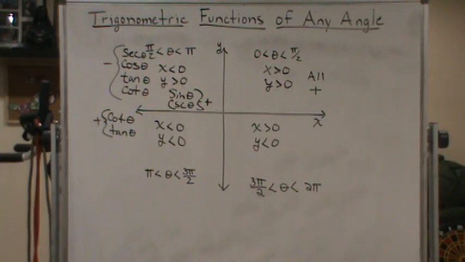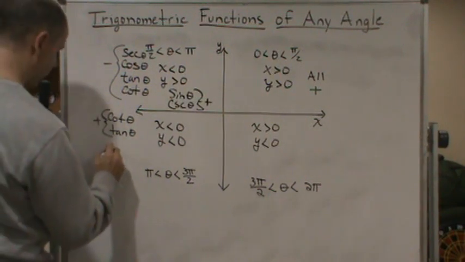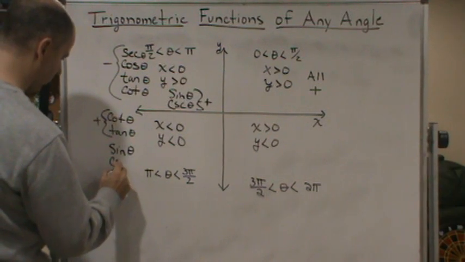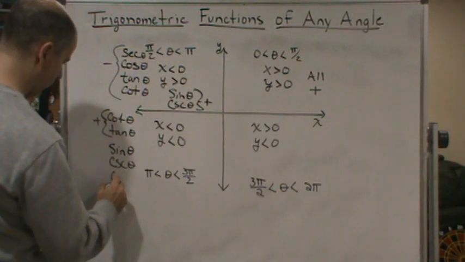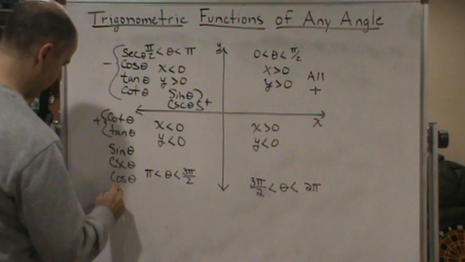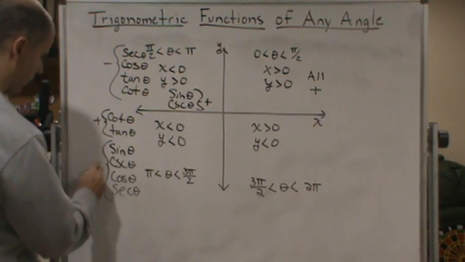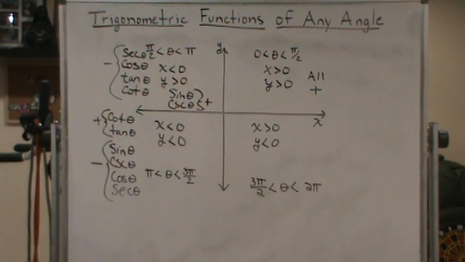The rest of them are going to be negative. So sine theta, cosecant theta, cosine theta, and secant theta are all negative.